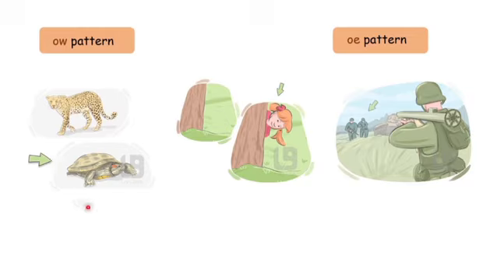Now let's look at this one. What is the spelling word here? Slow. Great job. Slow. The next one. Do you remember it? Show. Great job. Show. So here we can see the OW pattern at the end of the word.